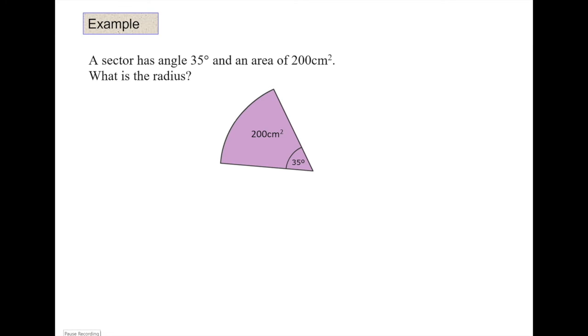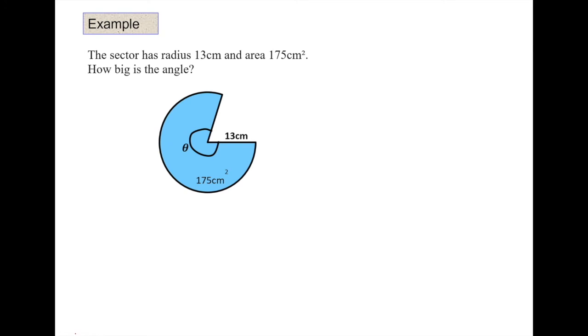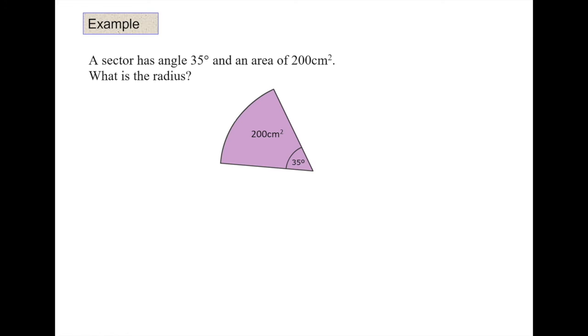You could also be asked to work backwards and work out what the radius is, or to work out what the angle is. So here, a sector has angle 35 degrees and an area of 200 centimeters squared. What is the radius? Again, we know that they're testing us on working out the area of a sector. So first of all, let's write down that formula up here.